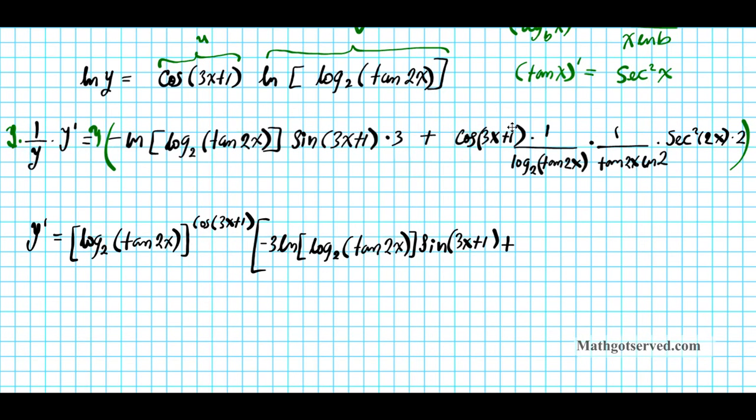So if I compress the numerator, just multiply the numerators across, I'm going to have 2 cosine 3x plus 1 secant square 2x.